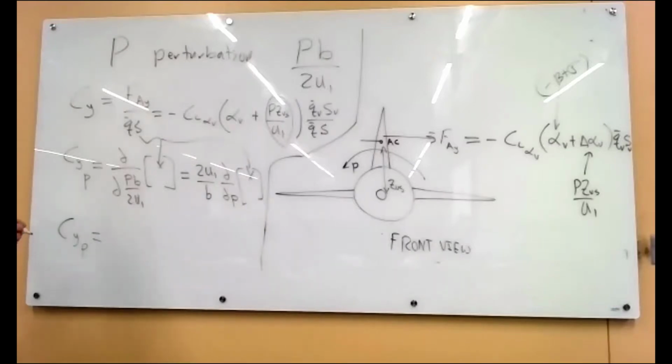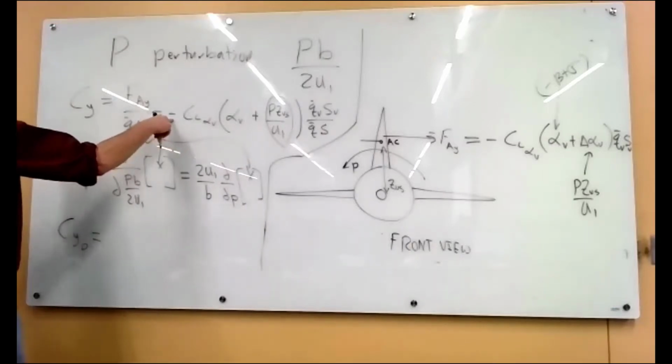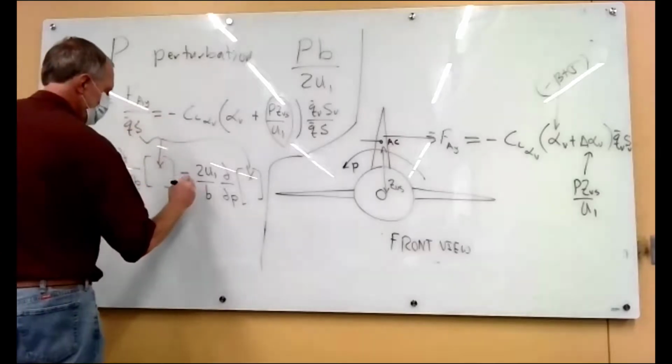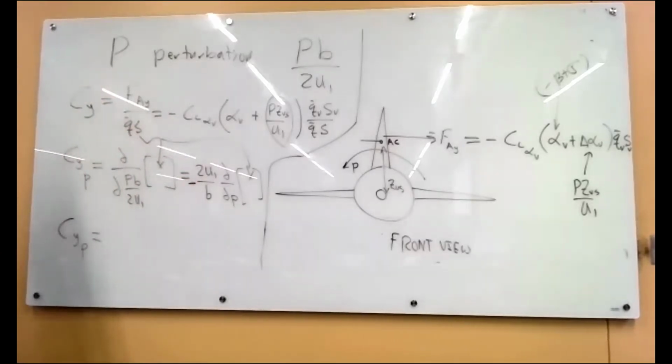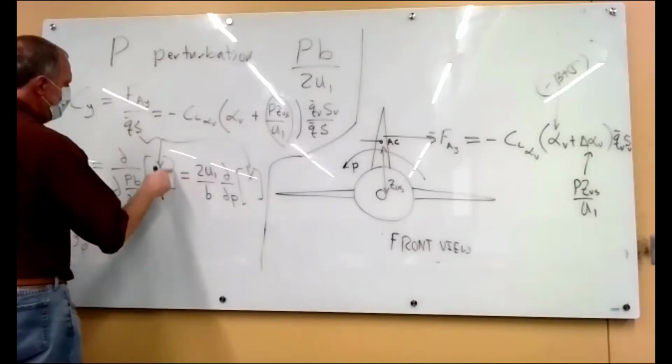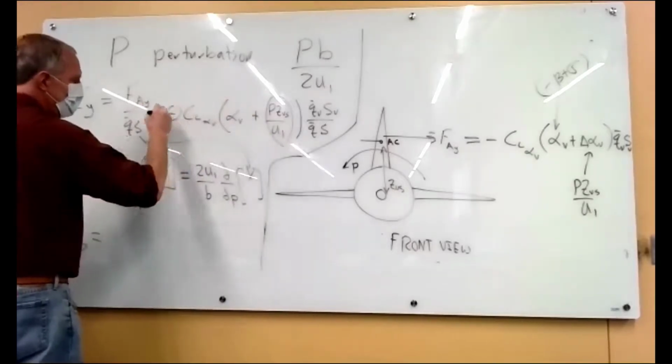And I lost my minus sign, didn't I? Nope, it's there. I lost it here. No, I guess not, because I said this whole thing gets shoved in there with the minus sign. Okay.